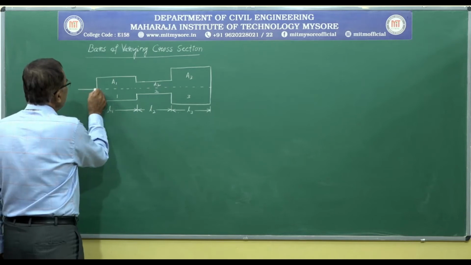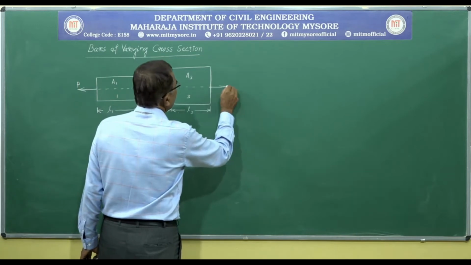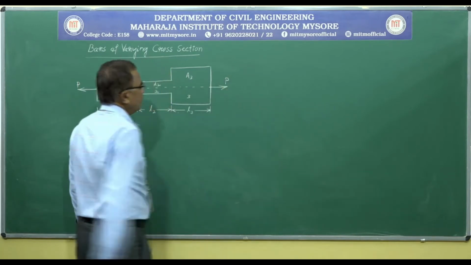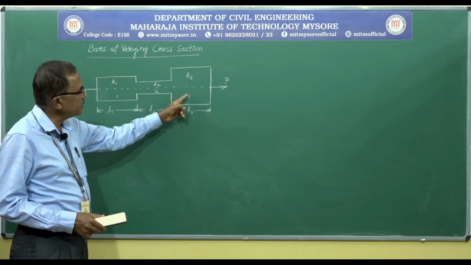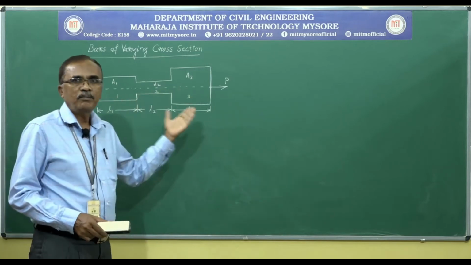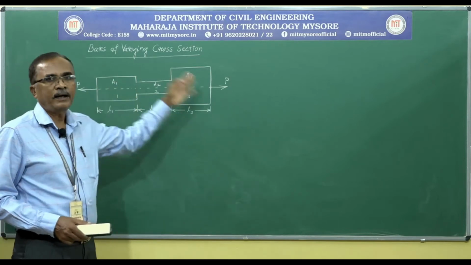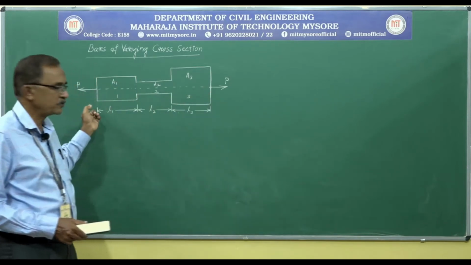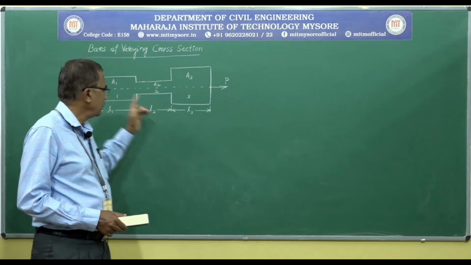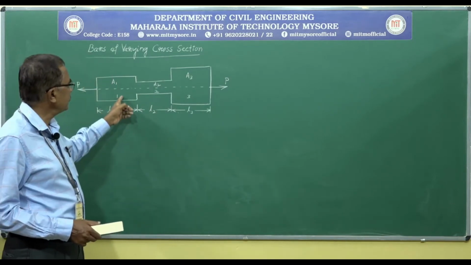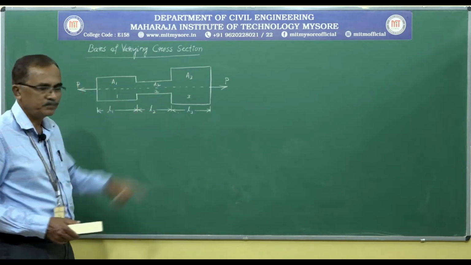Let this bar be subjected to an axial pull of P. So when a bar of varying cross section like this is subjected to axial pull or push, the total extension or contraction, if it is subjected to push, will be equal to the sum of the change in length of the different cross sections due to the applied load.